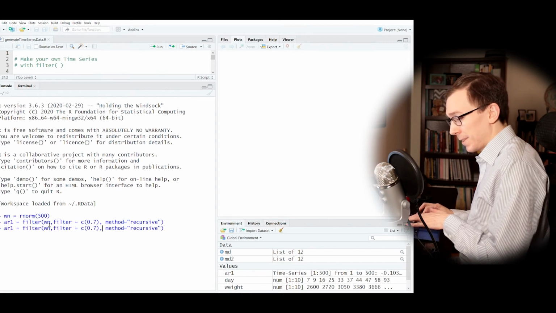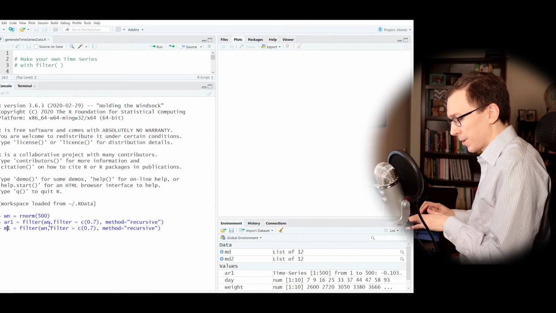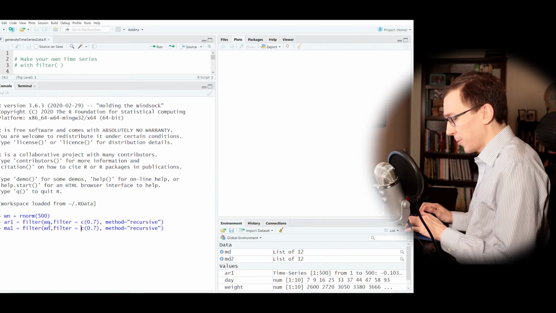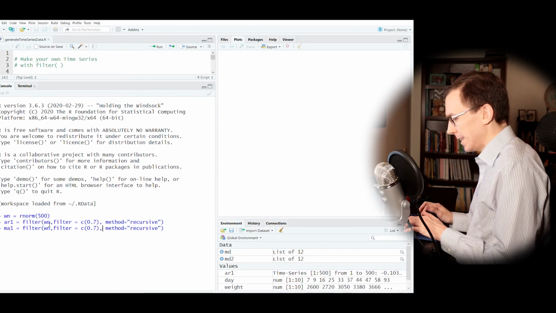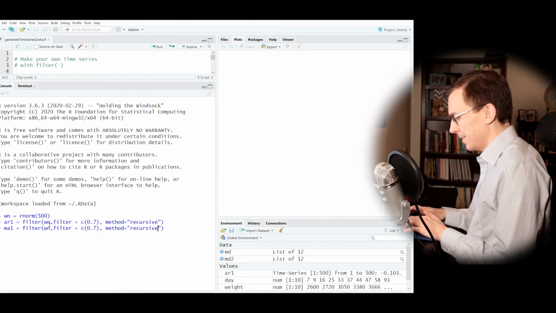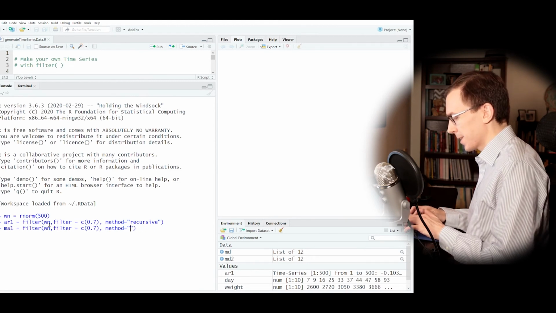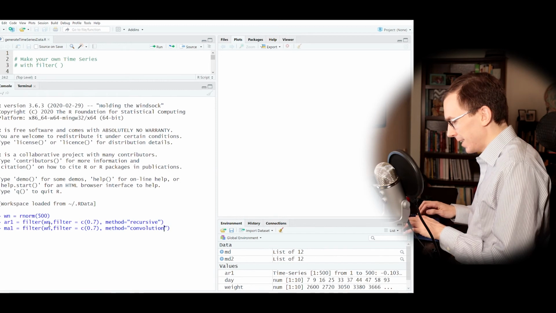Then we're going to do the same thing for an MA1 process. I'm going to keep the same coefficient of 0.7. I think I need to tell it... let's see if this works. Recursive and convolution, I think it was.